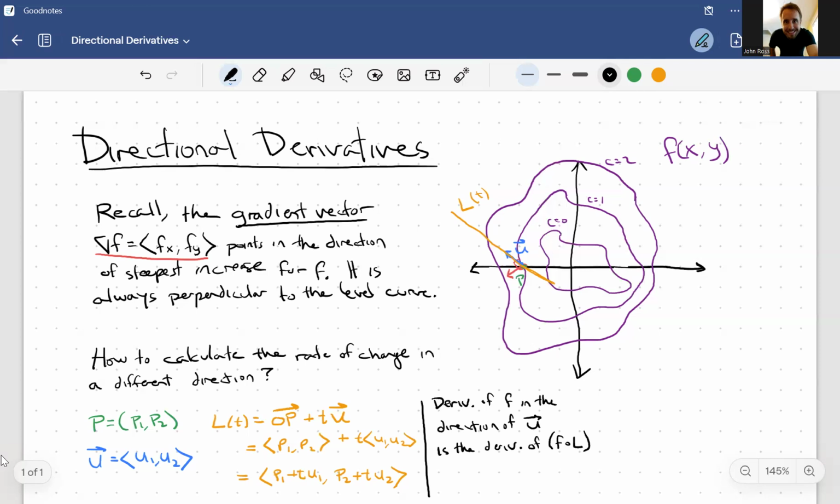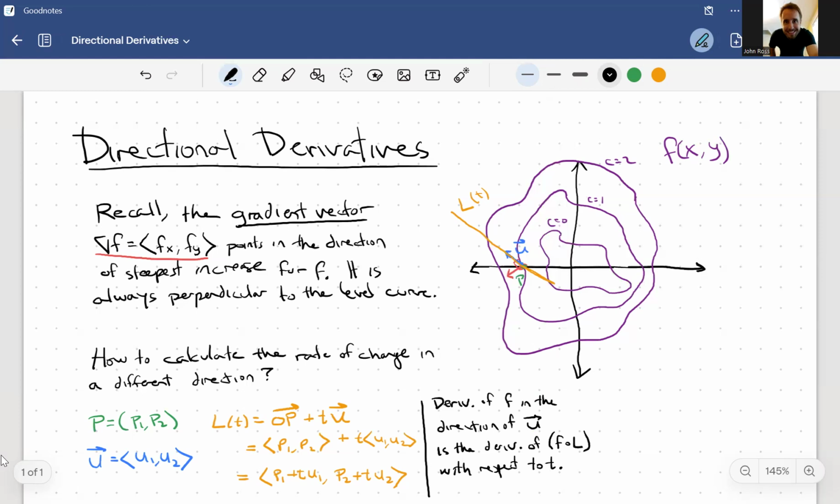L is a vector valued expression that just has t as an input, but has an x of t and a y of t as outputs. So the expression f of L is just a function of t. So f of L, we're taking its derivative with respect to t.